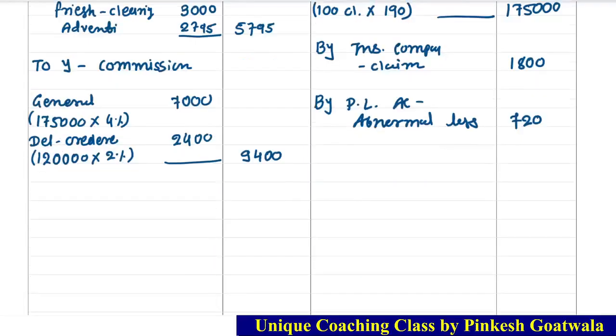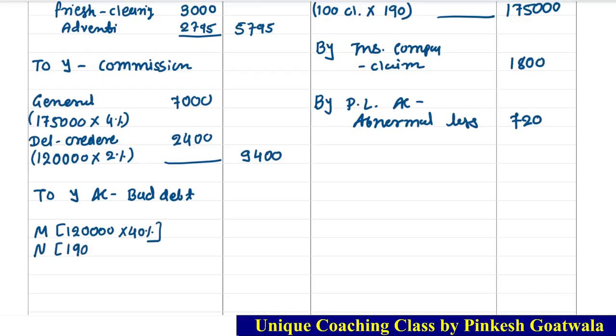So we give effect here to Y's account for bad debt. First of all M: our selling to M is 120, and we take 40% of it. And N's selling is 90,000, sorry 190, and 40% of it. So 120 at 40% gives a bad debt of 48,000. And 90,000 into 40% gives a bad debt of 7600. Clear?